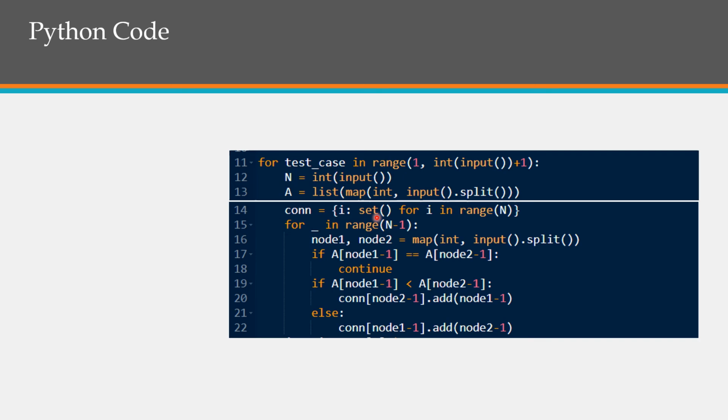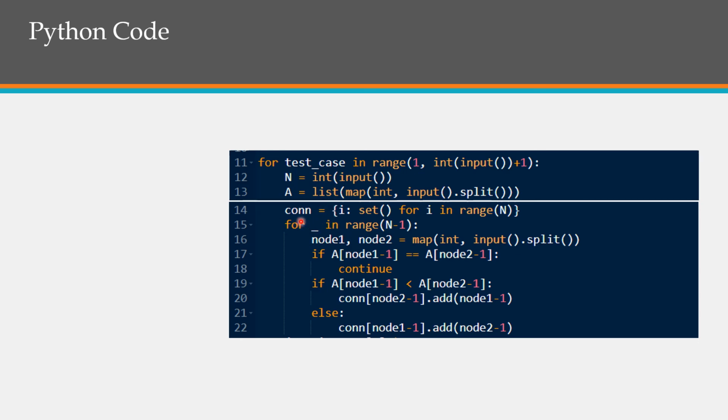And here we'll save, using the next n minus 1 lines, the lower capacity connections, okay. So for every pair of nodes we'll check whether they are equal, then continue the loop, or whichever is greater. For example, if node 2 is greater than node 1, then for node 2 add node 1, okay. So those connections you need to create.